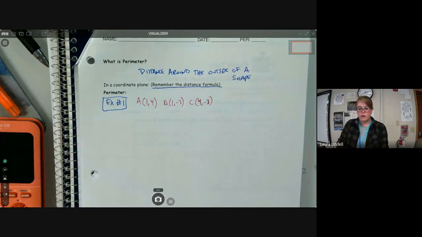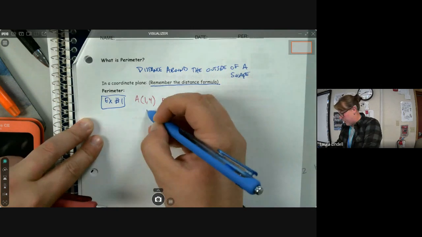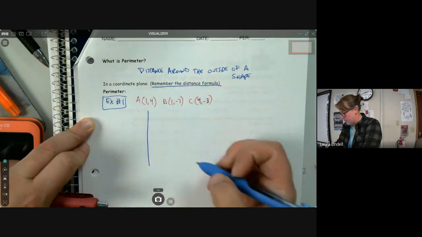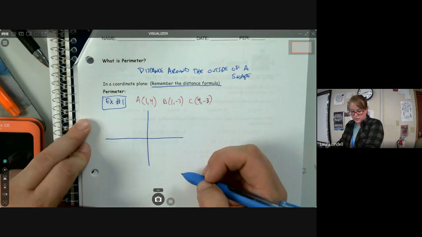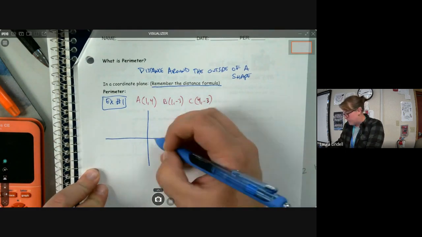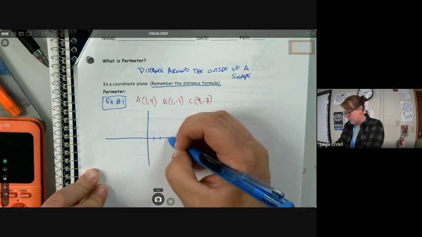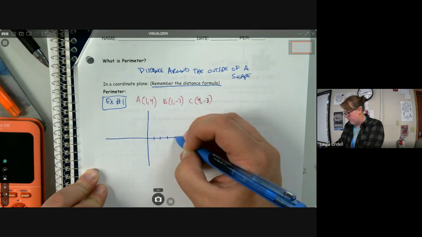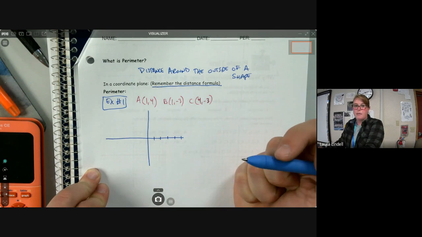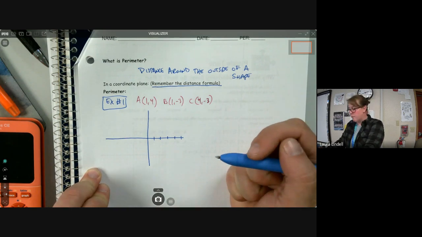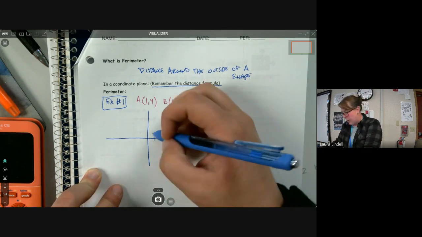Now we're going to make a coordinate plane to go with it. I'm going to start with just a couple of lines like that. There's our X and Y axis. And I'm going to go out 5 units in each direction. 1, 2, 3, 4, 5. You want to try to space them evenly the best you can. I'm not a computer and neither are you, so they probably won't be perfect, but we'll try our best.